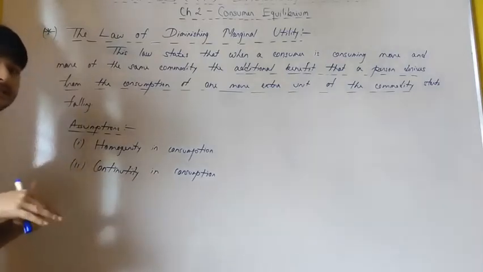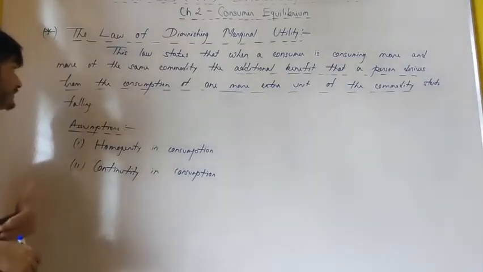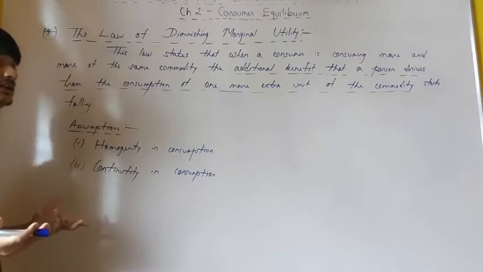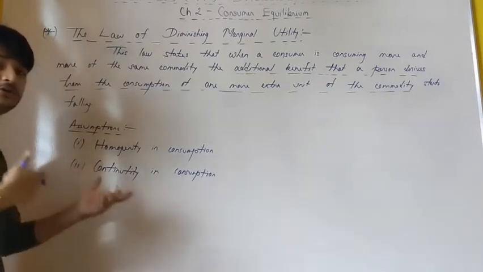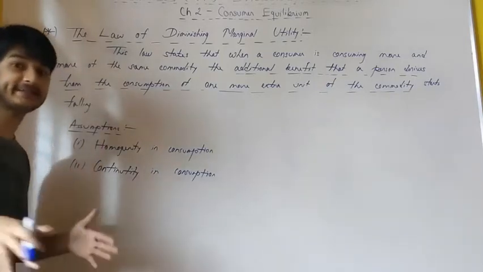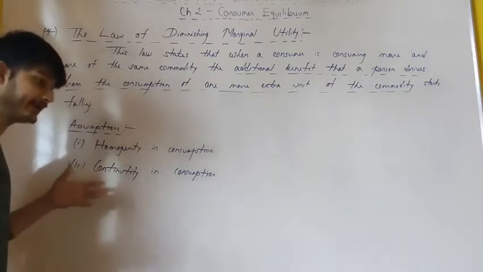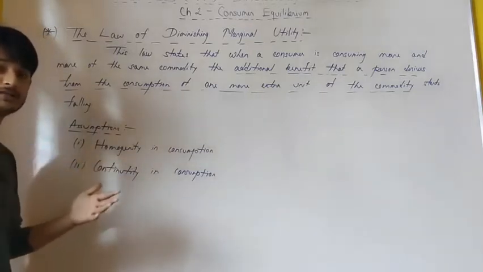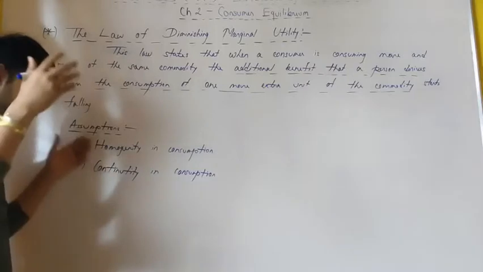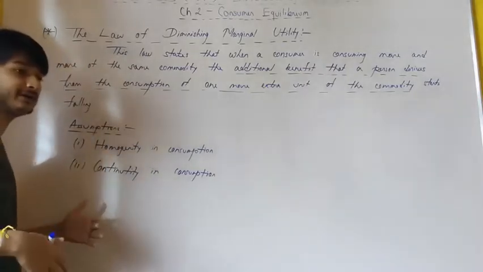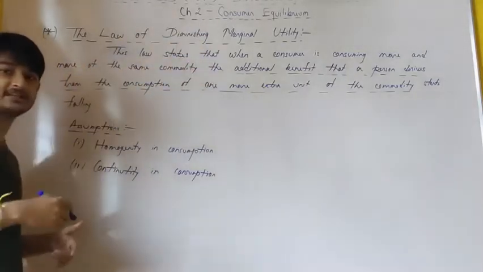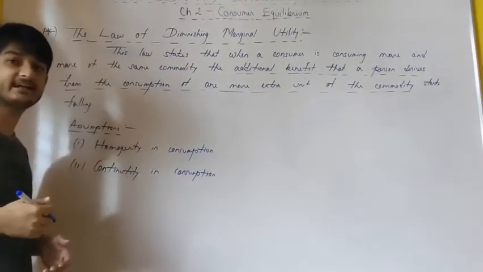There should not be any time gap. Whenever we are thirsty, we will take two or three or four glasses of water, one by one, but in a single time frame, continuously. It will not be like that right now I will take a glass of water, and two or three hours later I will take the second glass of water.